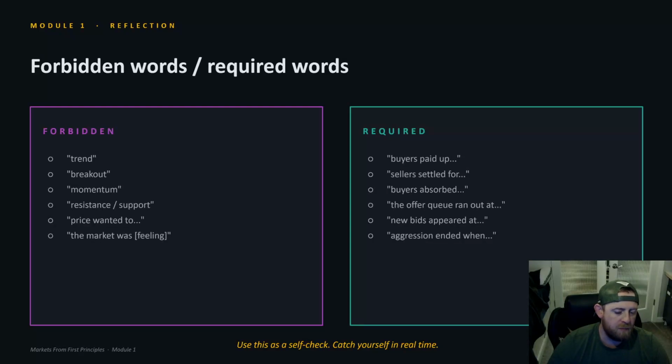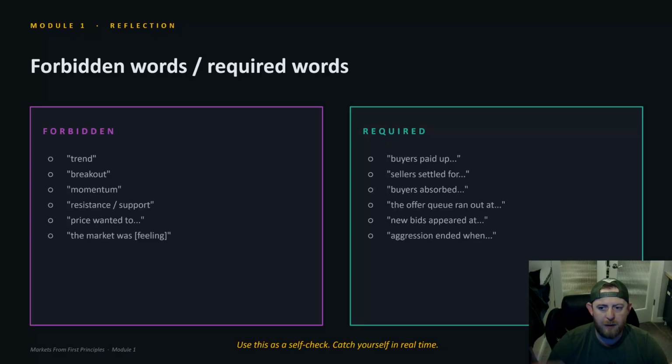you had a large pool of buyers sitting there that have resting orders at a certain price level en masse that were absorbing the aggressive buyers or the aggressive sellers that were meeting them there. Instead of support and resistance, the offer queue or the order queue ran out at this point.